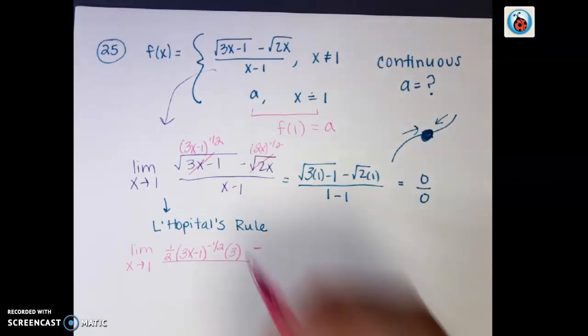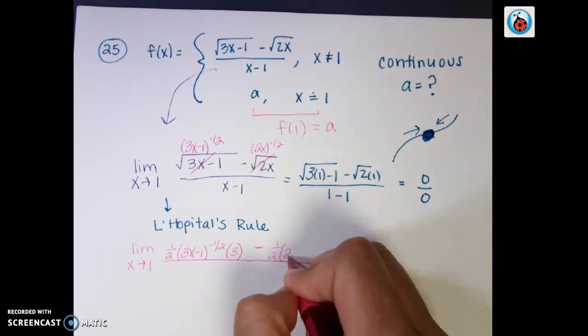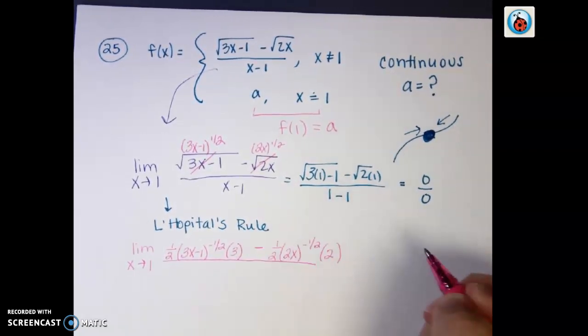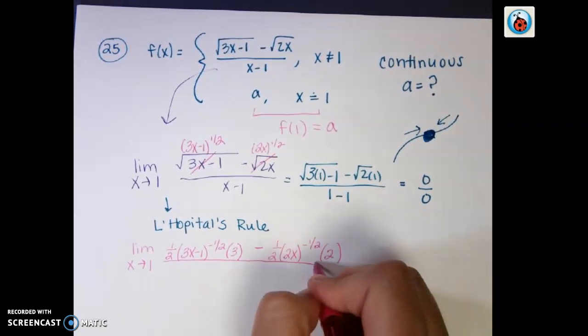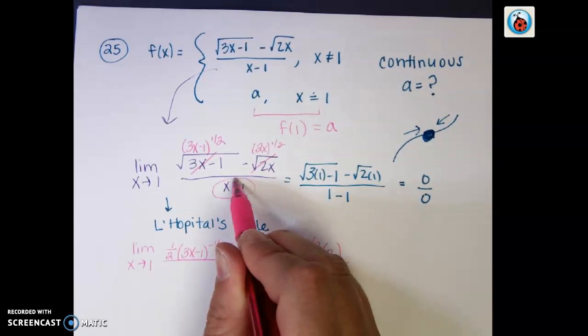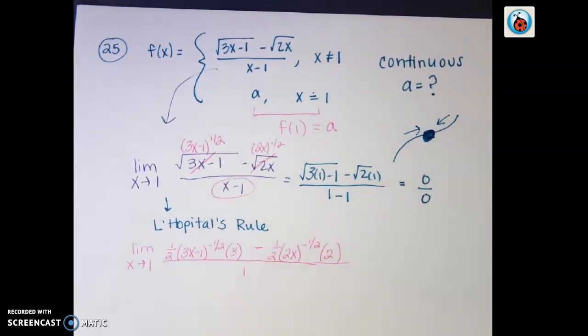I'm going to use the chain rule again. So this will be 1/2 times 2x to the negative 1/2 times the derivative of the inside, which is 2. Alright, then you're going to find the derivative of the denominator by itself, and that is just going to be 1. So at this point, you would just do direct substitution.